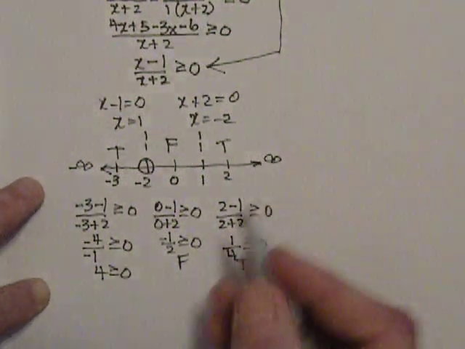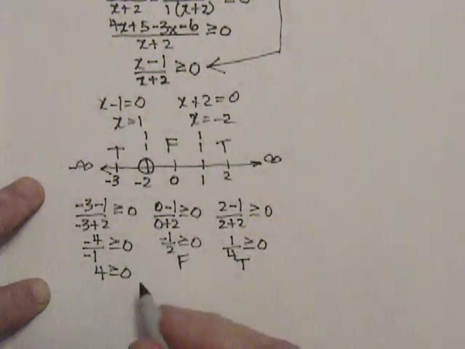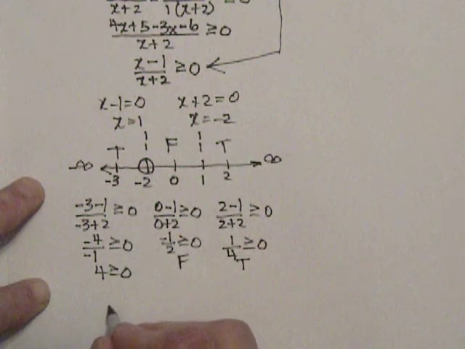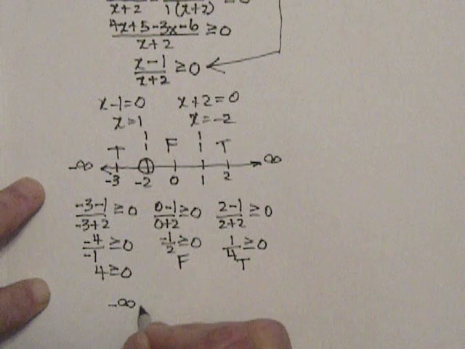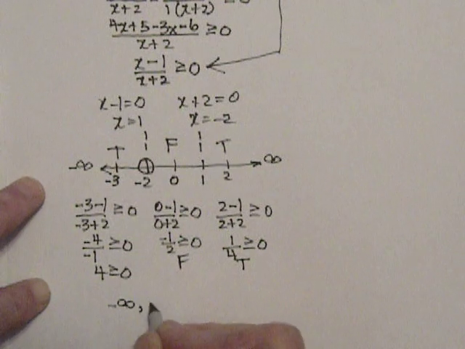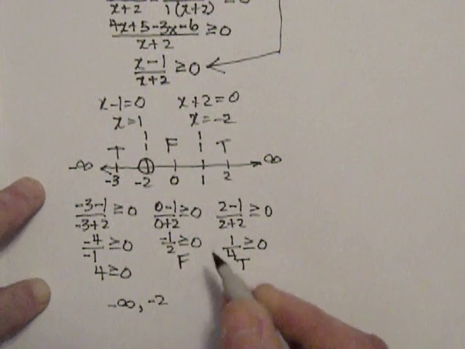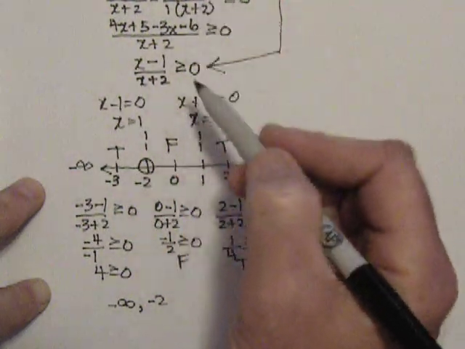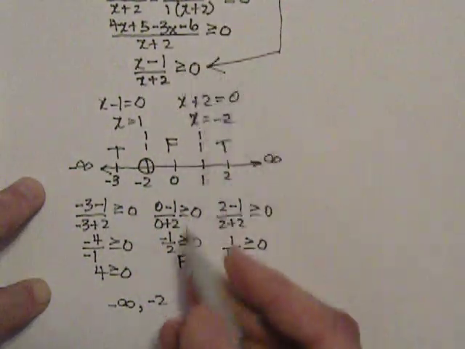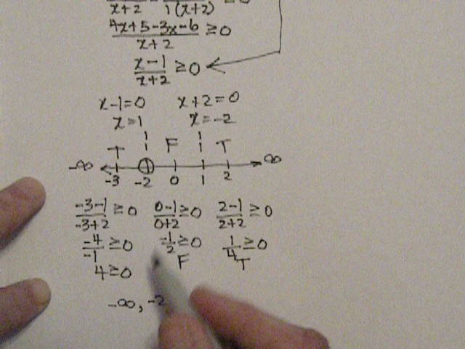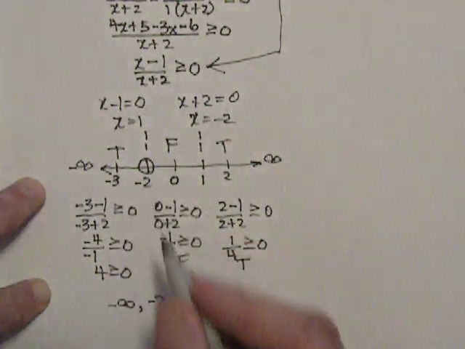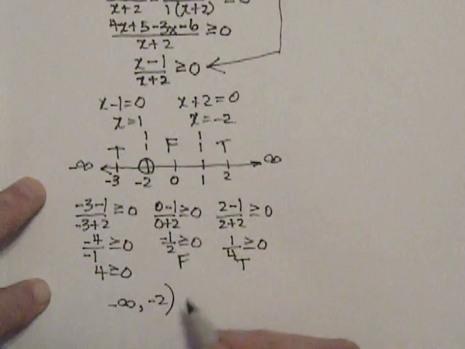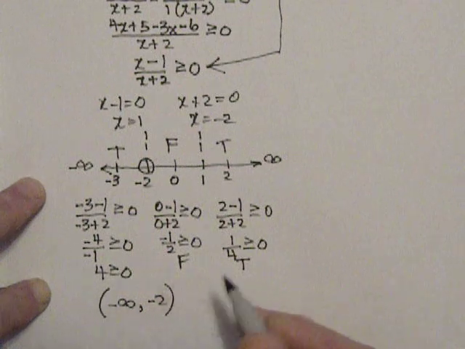So my final answer now, my solution to it, is going to be the piece of the x-axis between negative infinity and negative 2. Notice that this one's greater than or equal to, but I'm not going to include the negative 2 for sure, because it would make the denominator 0.